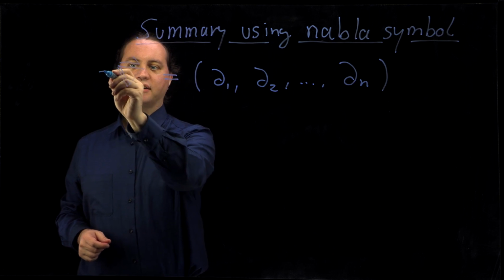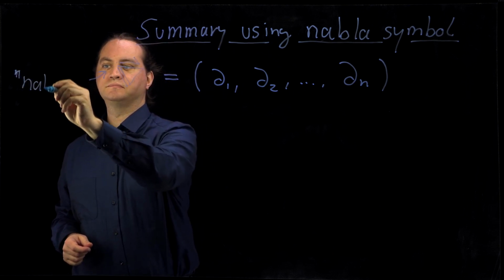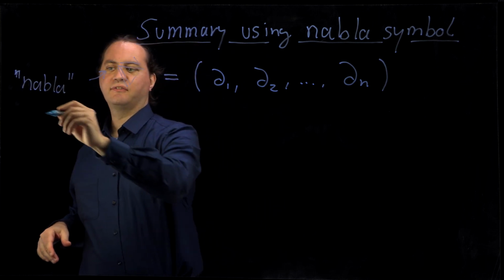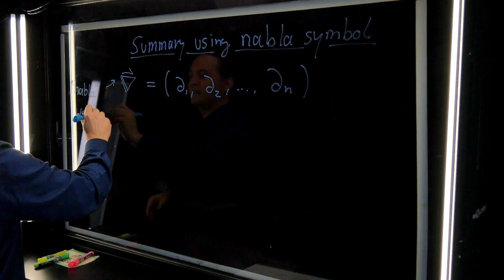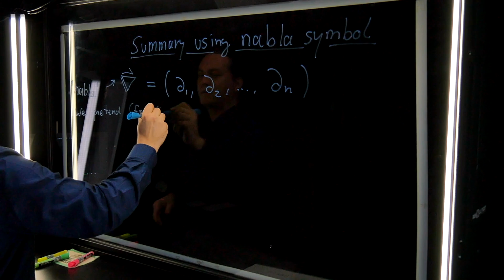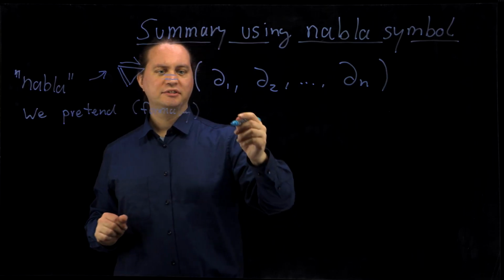So this guy is called nabla. And let us pretend formally that we can just use such a vector.